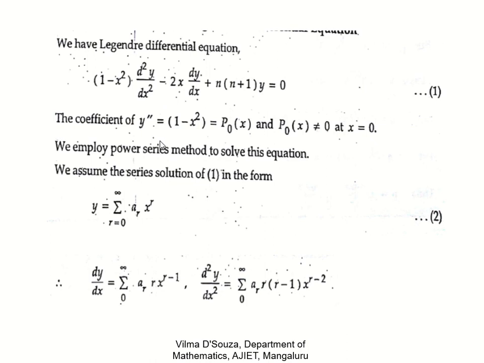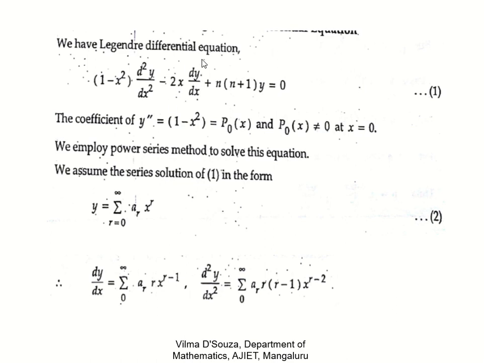Take that as equation number 1. The coefficient of y double dash, that is 1 minus x square, is taken as p naught of x, and p naught of x is not equal to 0 at x equal to 0.